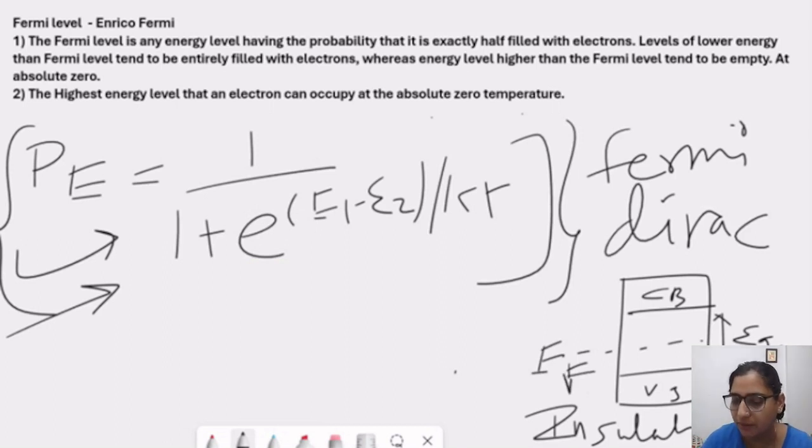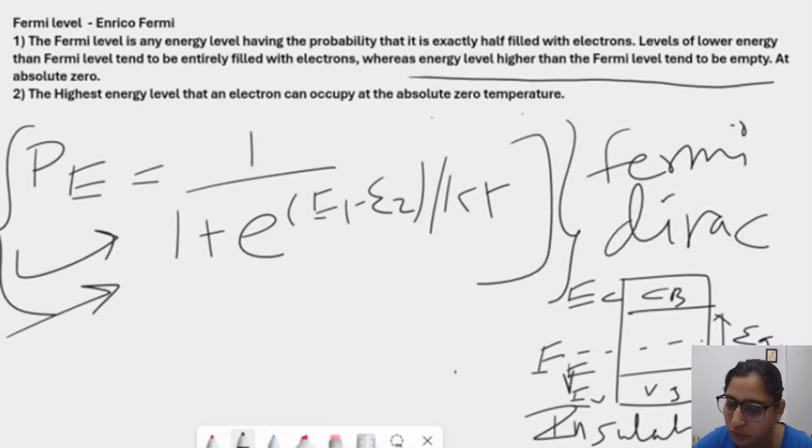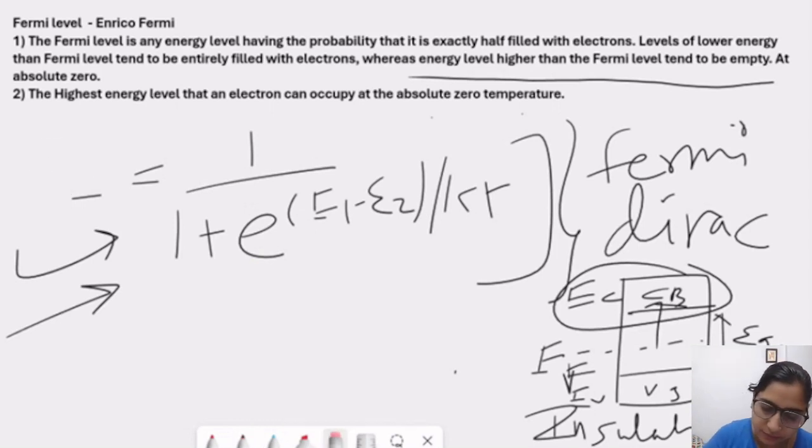So energy of Fermi level is EF and energy of conduction band is EC. Similarly, energy of valence band is EV. Now we will derive our three functions here. First is energy level higher than the Fermi level tend to be empty. So we are considering the case of conduction band. That is why conduction band is empty in case of insulators. Okay, let us discuss.